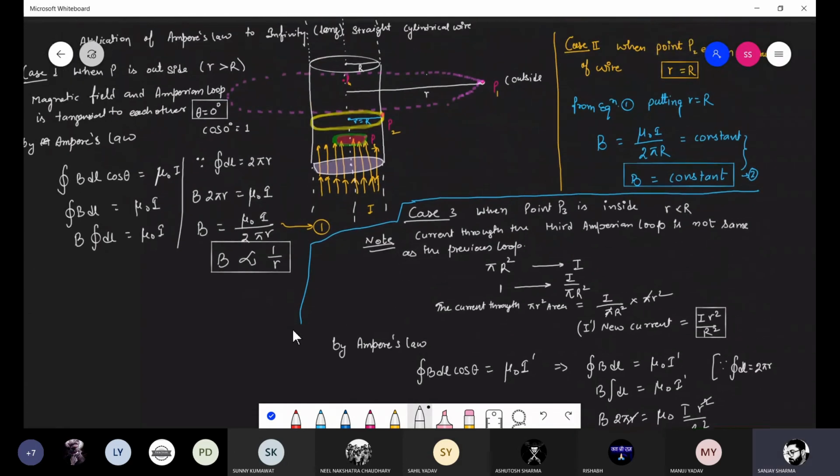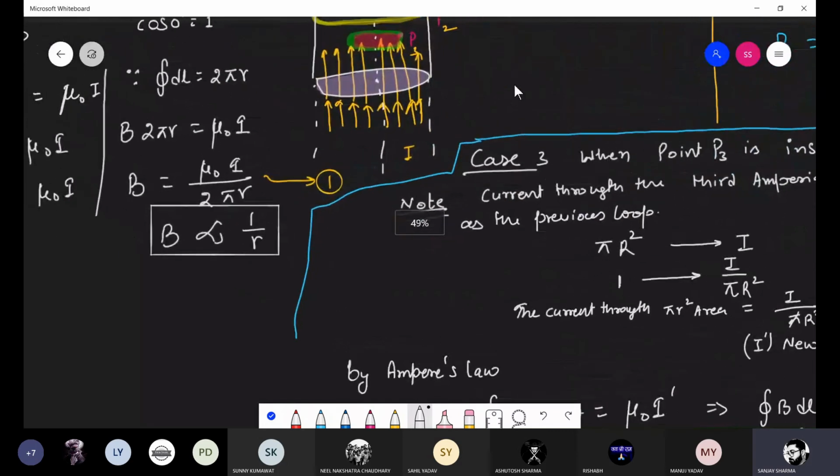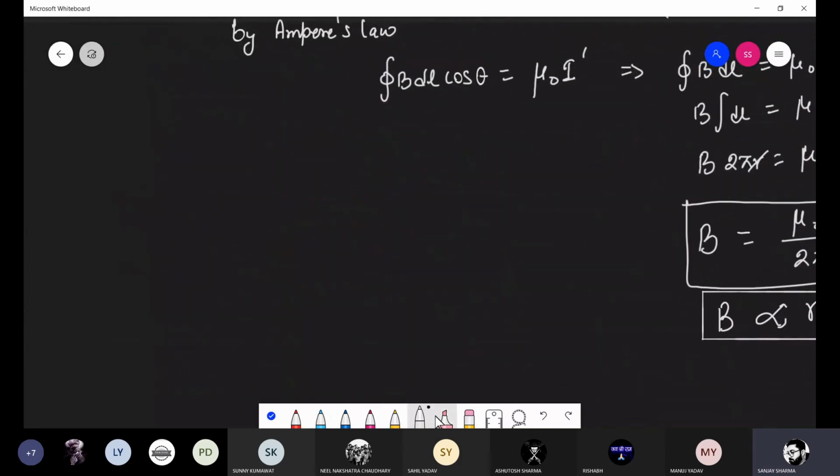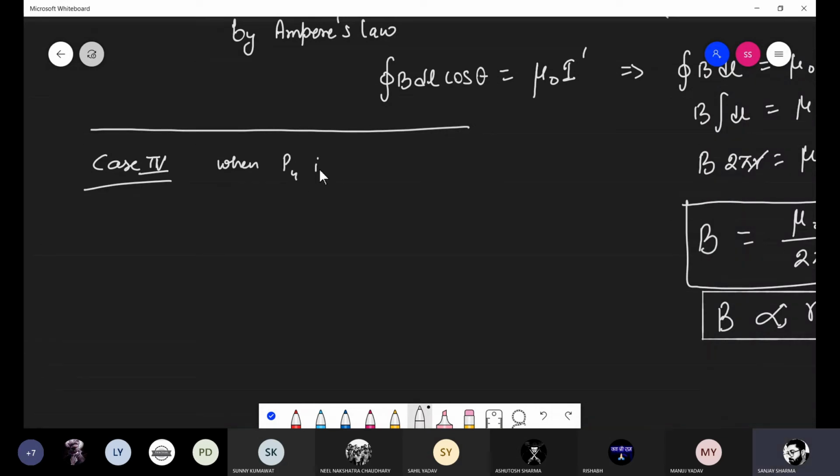When this P point is situated at the axis, then small r is equal to 0. So the fourth case here, case number 4th, when P4 is at the axis of the wire, so that small r is equal to 0.